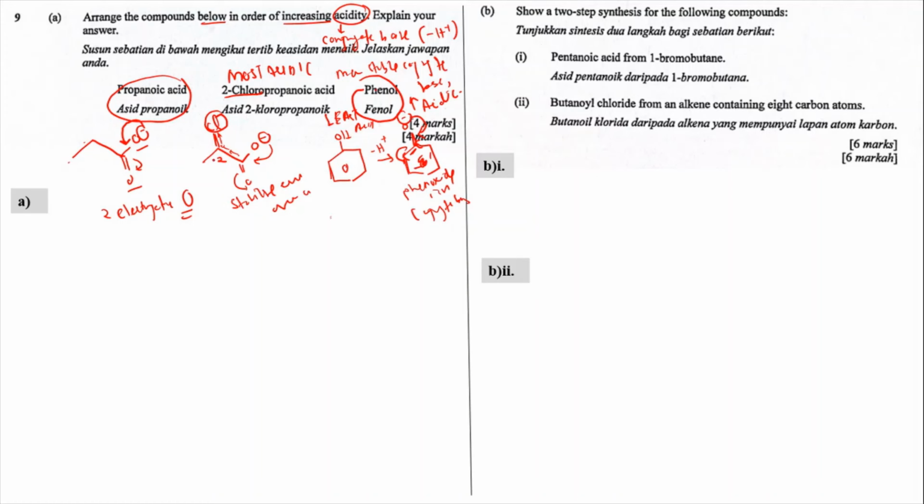So by understanding this, let us do the explanation here. I can say that 2-chloropropanoic acid is going to be the most acidic, followed by propanoic acid, followed by phenol.